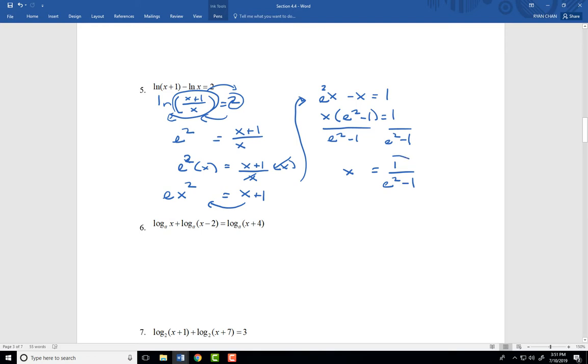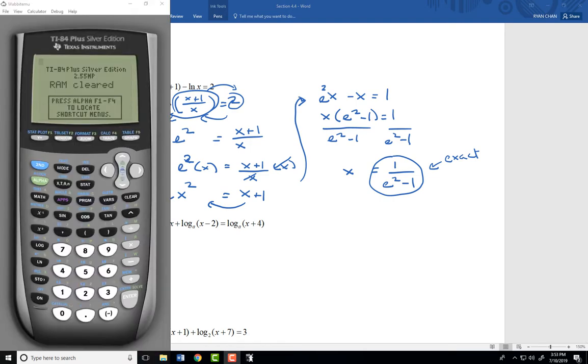If they ask you for an exact solution, this will be your exact. But if they say approximate, that's when you use your graphing calculator. So I can just throw this in my calculator and do 1 divided by e squared minus 1, second division. And that gives me approximately 0.157.